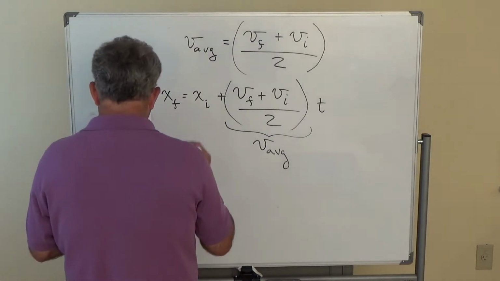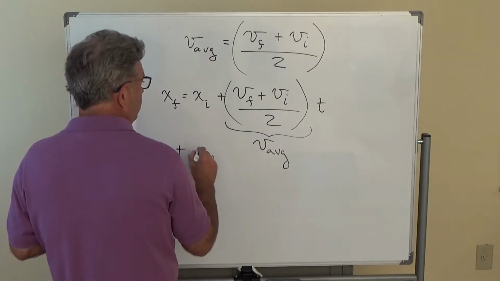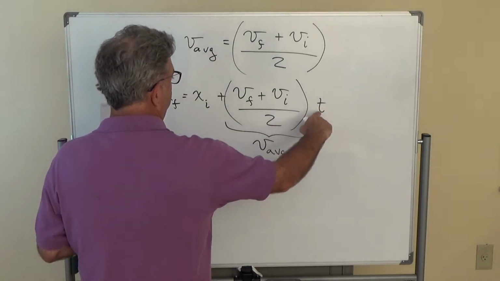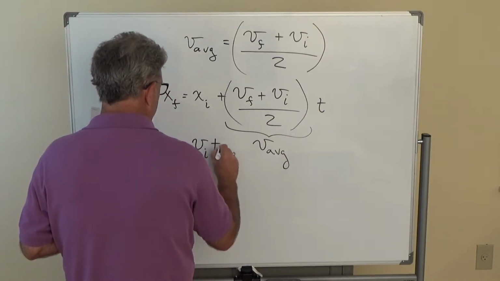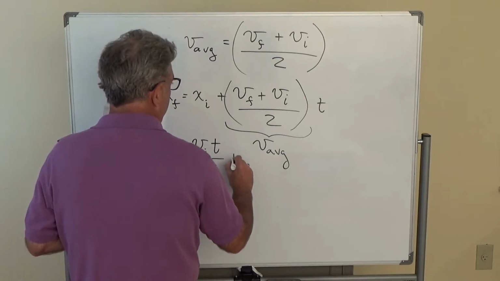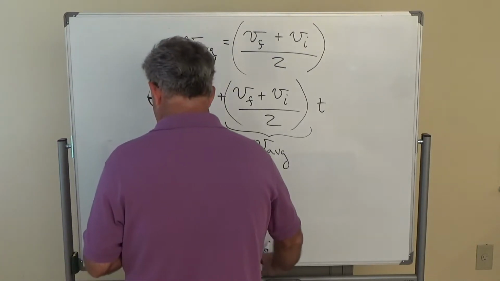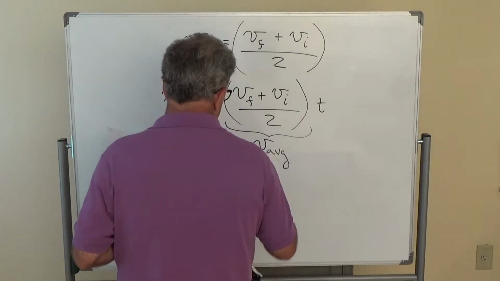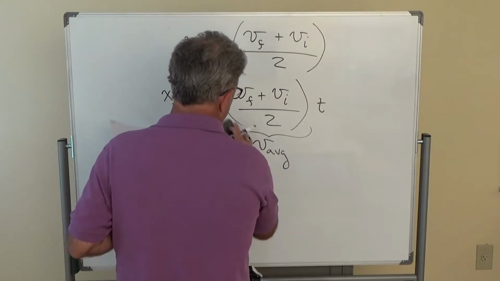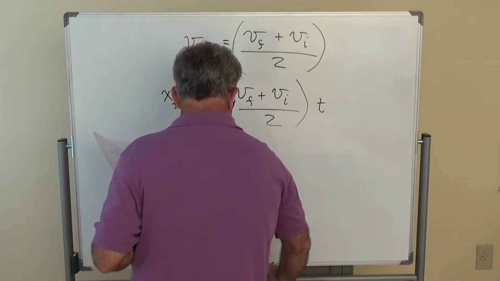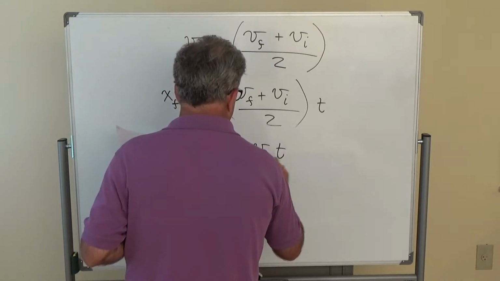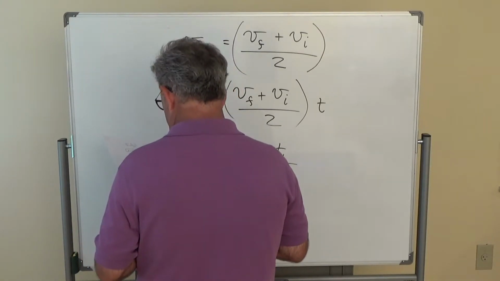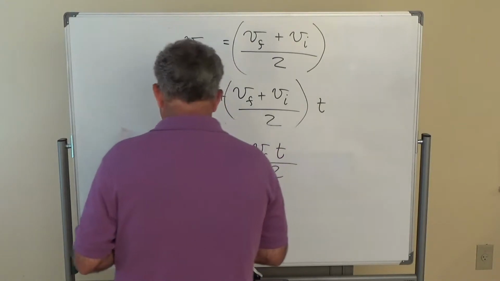X initial plus v initial t over 2 plus v final t over 2, okay?